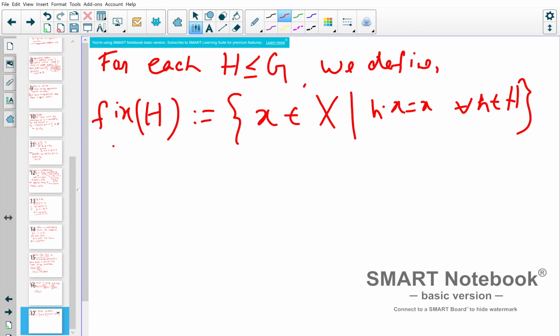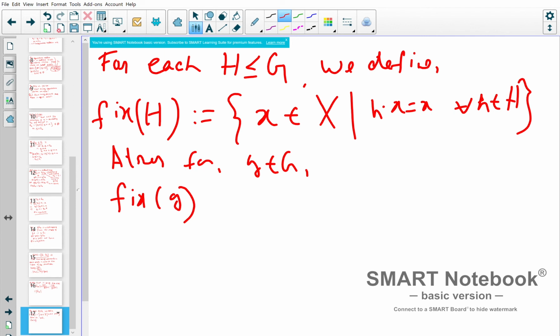For a single element G, we define the fixed set of the singleton G, and this is all the elements x belonging to X which are fixed by G, that is, G dot x equals x. And for a set I am defining it by H dot x equals x for all h belonging to H. So these are a few nice notations.